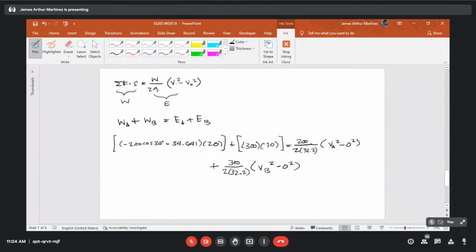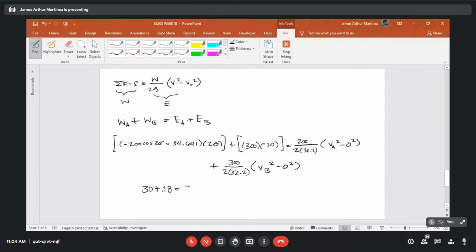So if you simplify that, the result would be 307.18 equal now to, how much is this? 200 divided by 2 times 32.2.